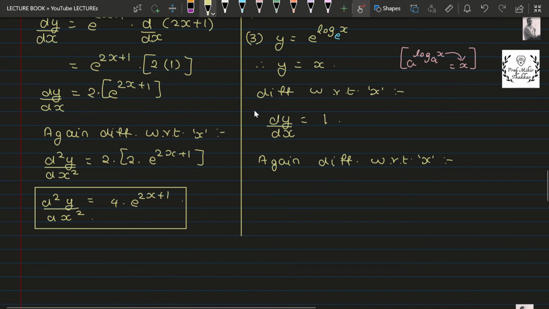So the derivative of dy by dx will be equal to d square y by dx square, and the derivative of 1 will be 0. So that completes your exercise, guys.